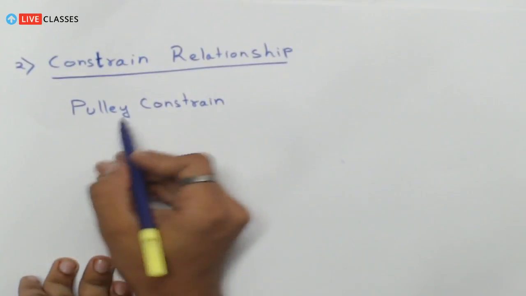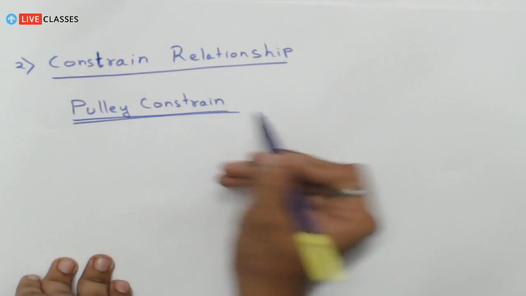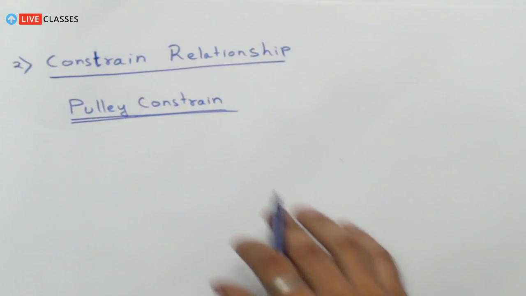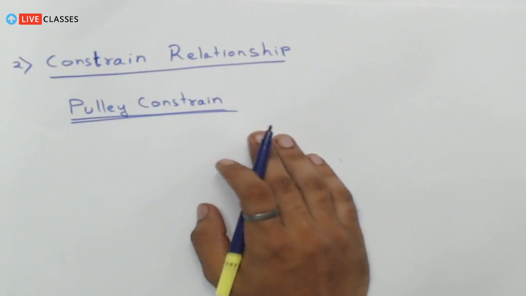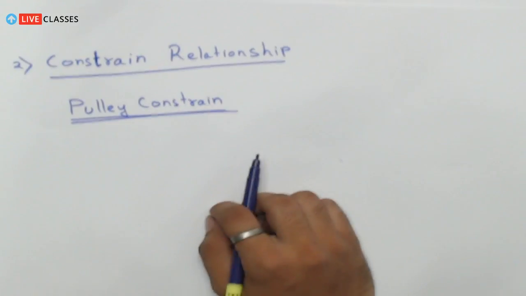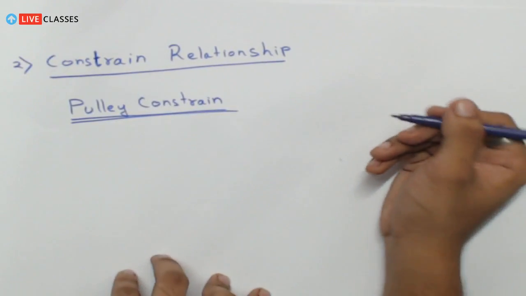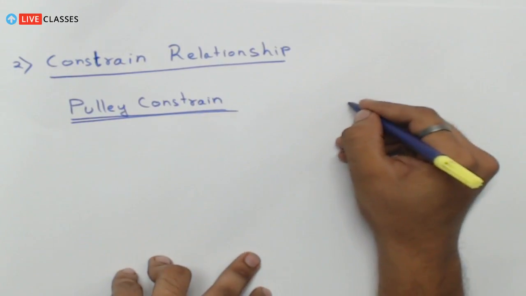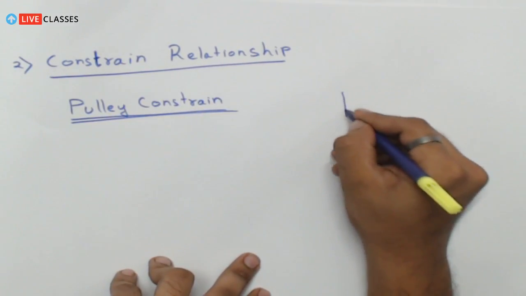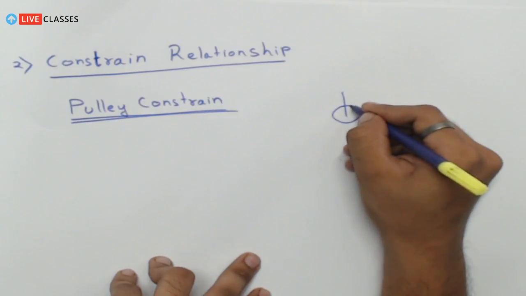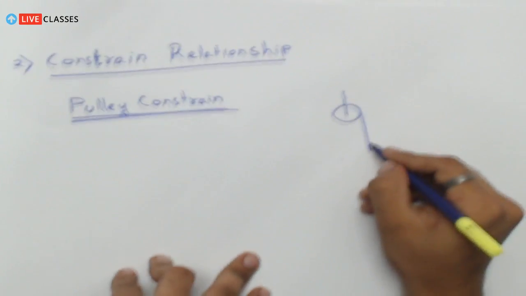Okay, pulley constraint. A lot of questions come from this topic and a lot of questions can be made, so we will do it. This kind of question is called pulley constraint. A pulley is there, but it is attached to a different pulley.